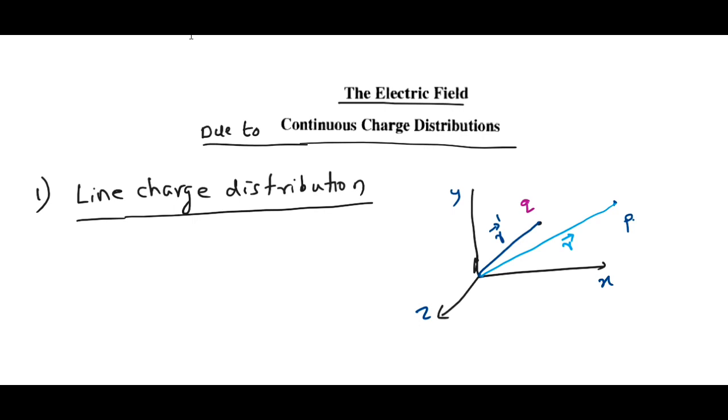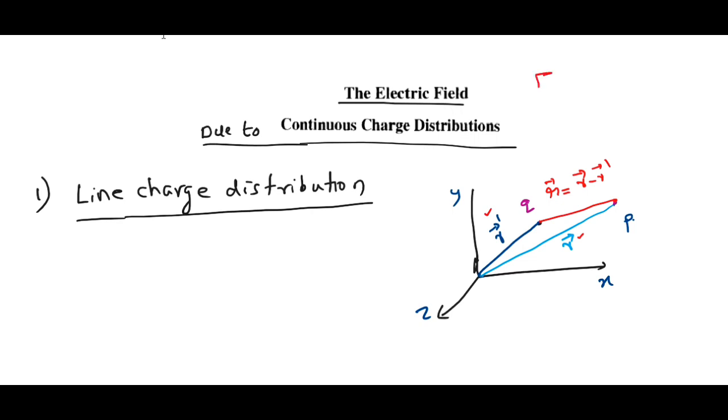The field point P is at a separation vector r, that is, this will be the difference between r and r prime. This is the point of interest where we are finding the electric field due to this plus Q charge.